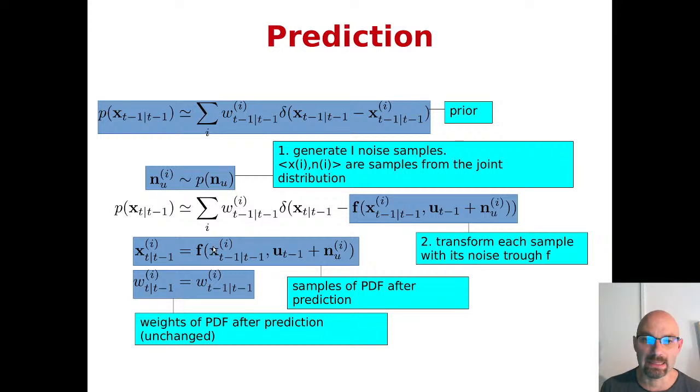So I can easily say that my next distribution of samples, the generic sample xt given t minus 1, will be equal to the evaluation of the function on the original sample and on the individual instance of noise drawn from the noise distribution NU.